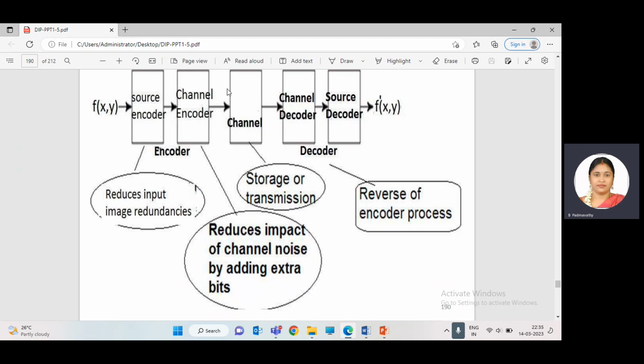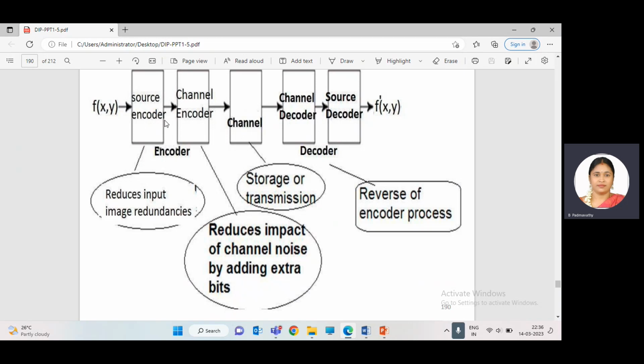If the channel between the encoder and the decoder is noise free, that means there is no error, then the channel encoder as well as the channel decoder are omitted, and the general encoder and decoder we can take as the source encoder and source decoder. The source encoder is responsible for reducing or eliminating coding redundancy, interpixel redundancy or psychovisual redundancy in an input image.